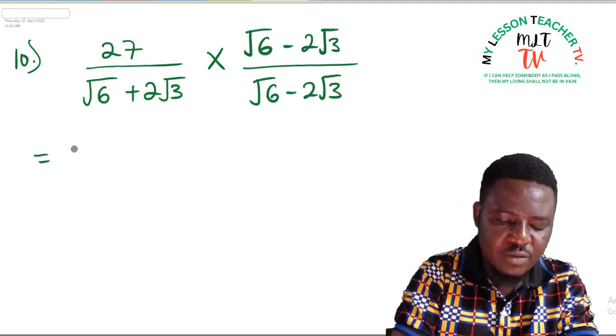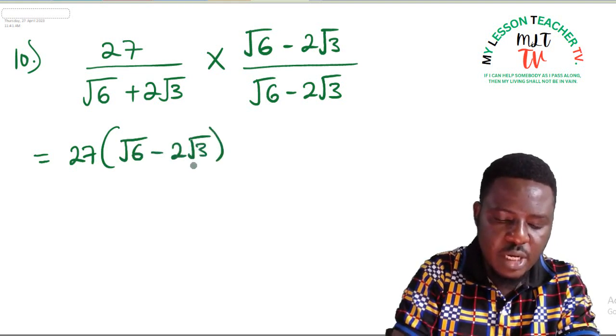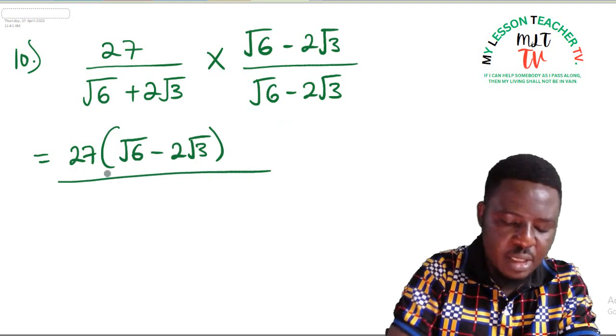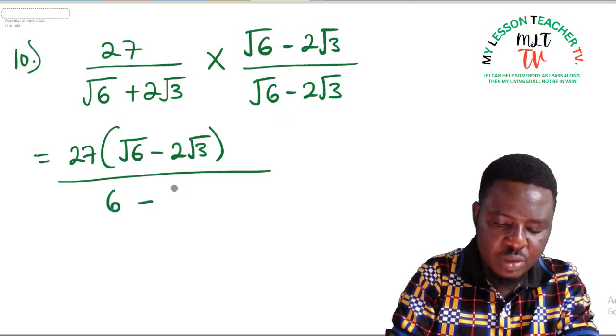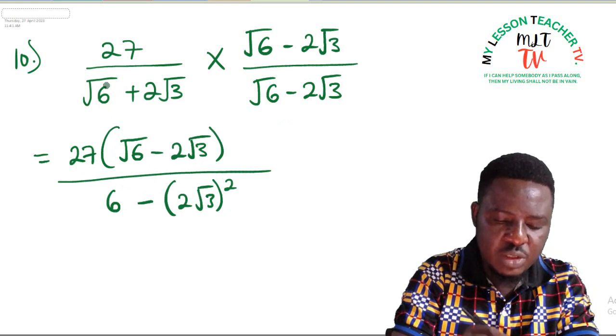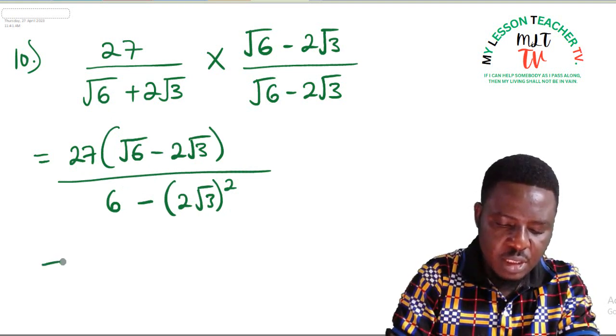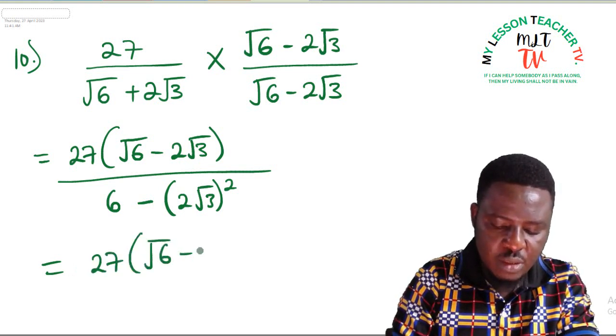When you multiply out, this gives you 27 into root 6 minus 2 root 3, all divided by, this gives me 6 minus 2 root 3 squared. For root 6 squared is said to be 6.